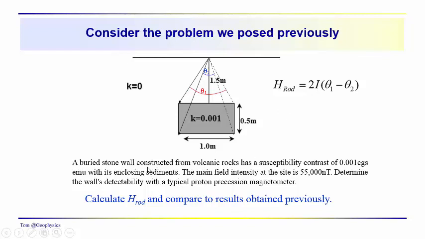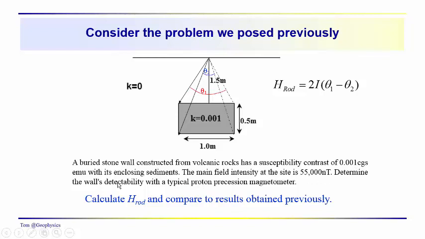Now what I'd like for you to do, again, this problem is we have this wall which has been composed of volcanic rock. So we're at an archaeological dig. We're trying to find out where everything is. We know that we've got magnetic materials that are buried at the site that are forming the walls. Susceptibility contrast of 0.001 CGS units. Magnetic field intensity of 55,000 nanoteslas.